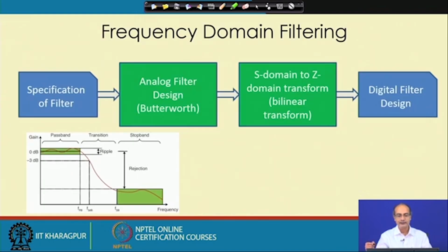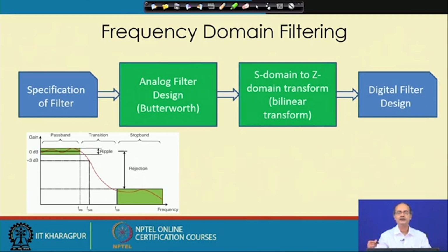Next, we will just pass through the basic technique of frequency domain filtering. Frequency domain filtering is primarily dependent on analog filter design. For analog filter design, there are so many techniques and they are so mature.